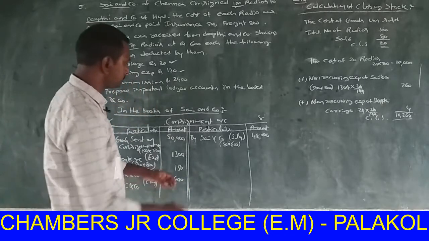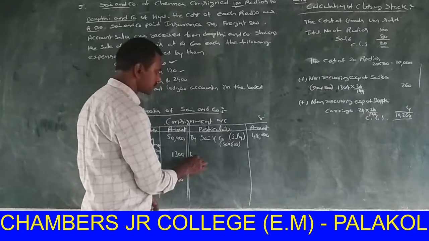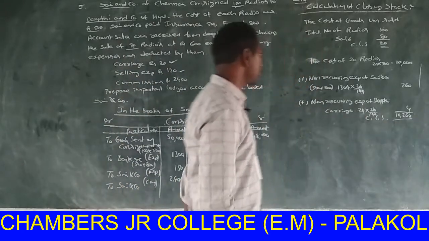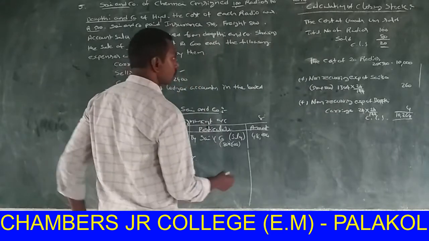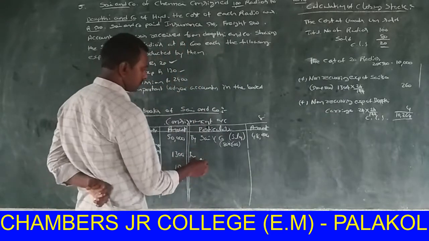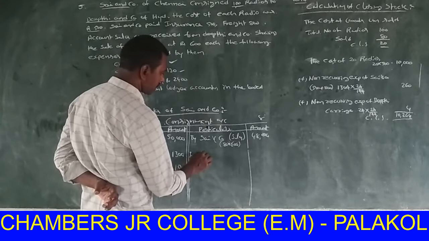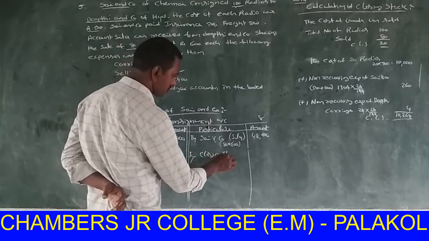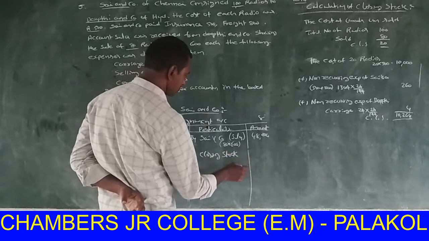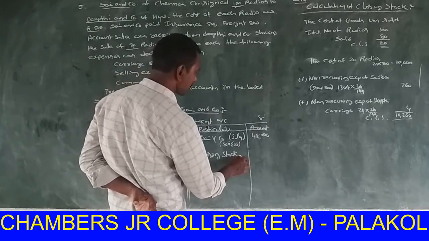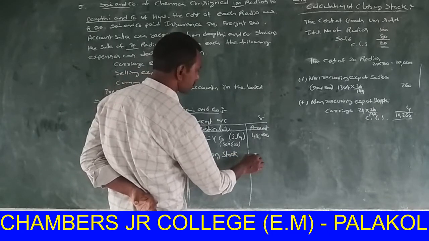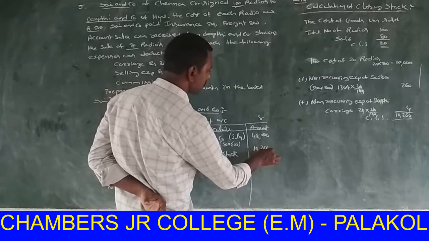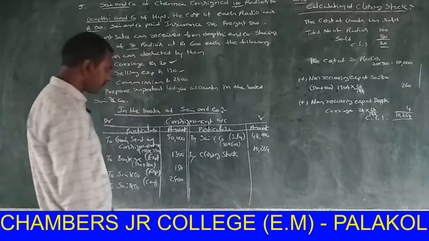2,400. Now, in credit side, the valuation of closing stock 10,264. The closing stock is credited to consignment account by closing stock or consignment stock account, that is 10,264.